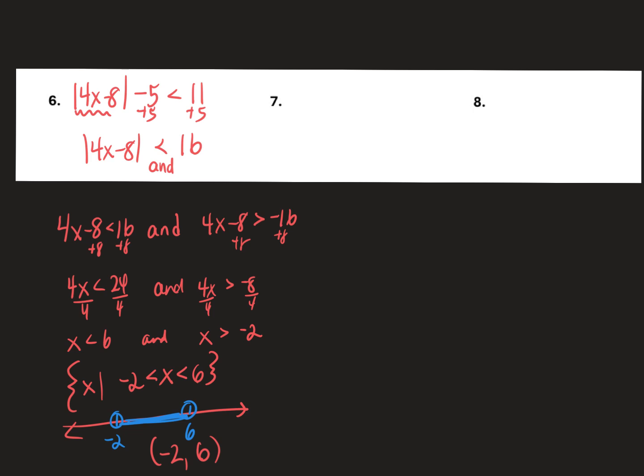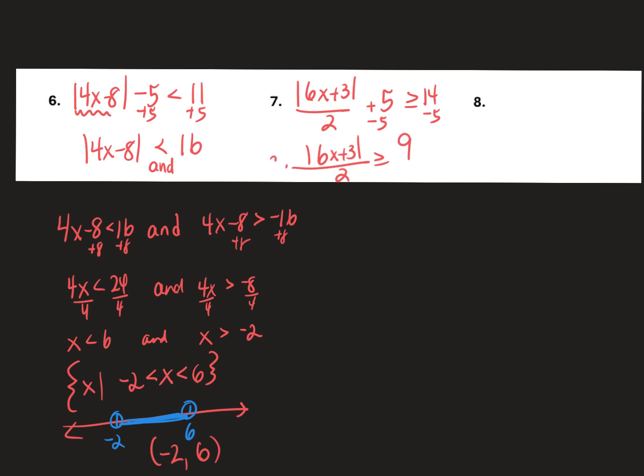Number 7, we're going to do the absolute value of 6x plus 3, divided by 2, plus 5 is greater than or equal to 14. I'm going to subtract 5 first. So the absolute value of 6x plus 3 divided by 2 is greater than or equal to 9.